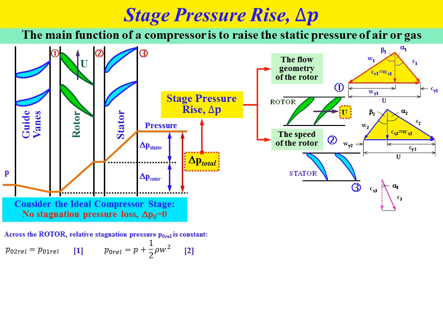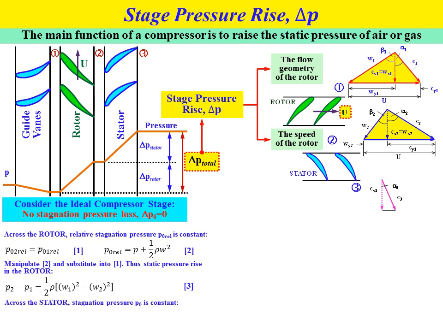The basic equation for P0 relative is equal to static pressure plus half rho W square, represented by equation number 2. So manipulate equation number 2 and substitute into equation number 1. Thus static pressure rise in the rotor is equal to P2 minus P1 equal to half rho multiplied by bracket W1 square minus W2 square, represented by equation number 3.